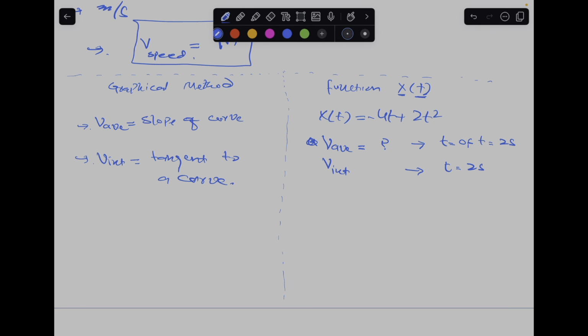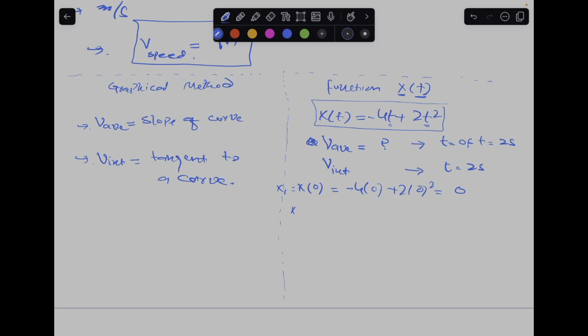So if you are given a function, you just calculate the position at every instant of time. So what is the position at t equals 0? When we put t equals 0 over here, minus 4 times 0 plus 2 times 0 squared equals 0. So this will become your x1.